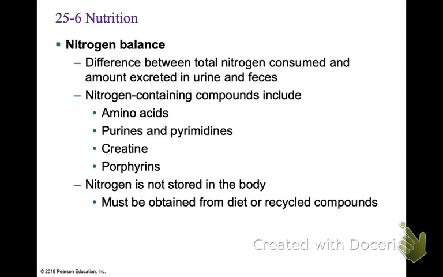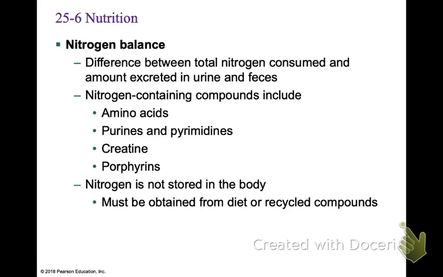So nitrogen balance is simply a measure of how much protein am I consuming versus how much am I actually using to build protein in my diet. Because you don't store nitrogen. You don't make protein to stockpile it. You take the amino groups off and throw them away as urea. So nitrogen balance is measured by how much did you eat versus how much did you throw away.